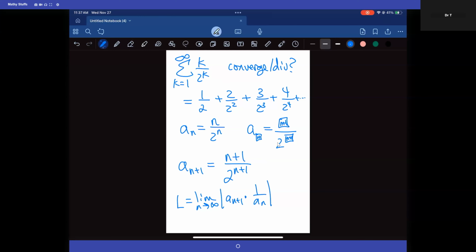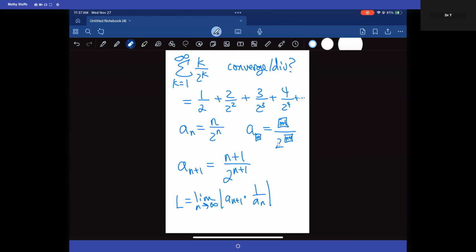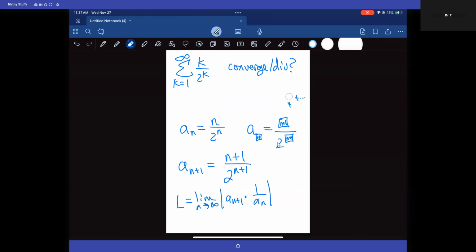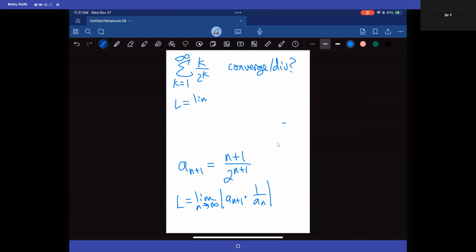Okay. So now I'm going to compute that L. I'm going to start at the top here so we can see this all on the same page. I'll just erase where I wrote out the series. So L equals the limit as n goes to infinity of the absolute value.